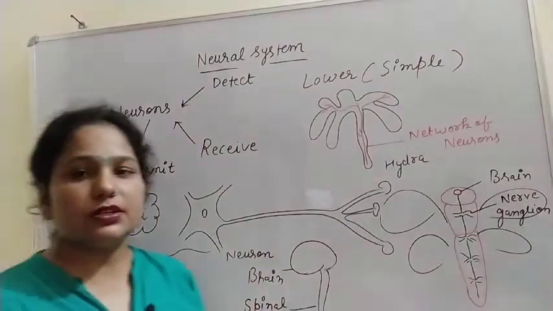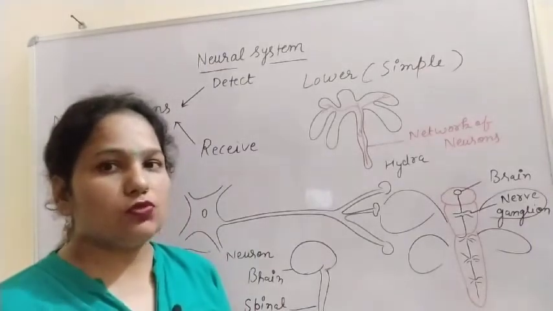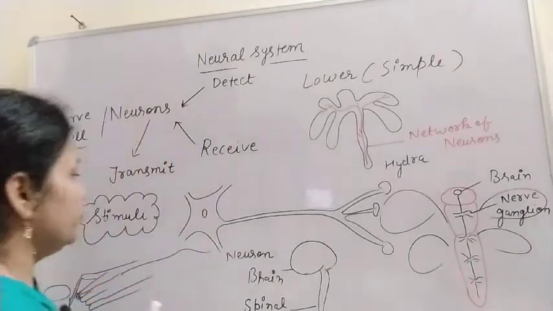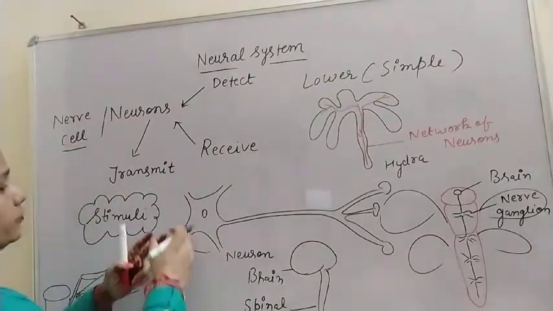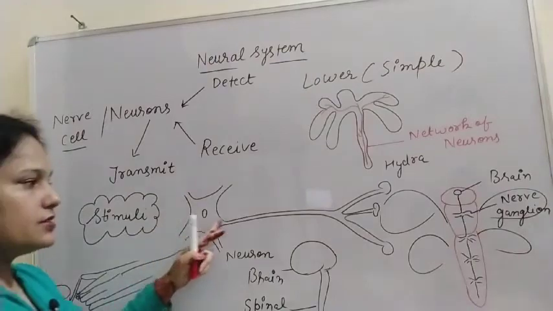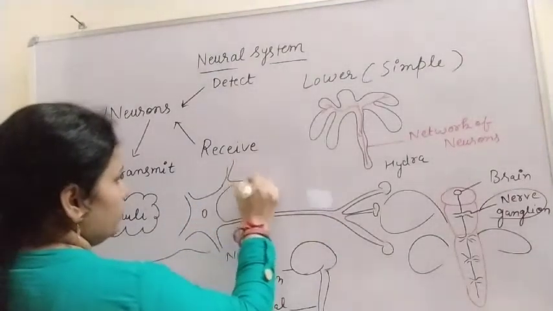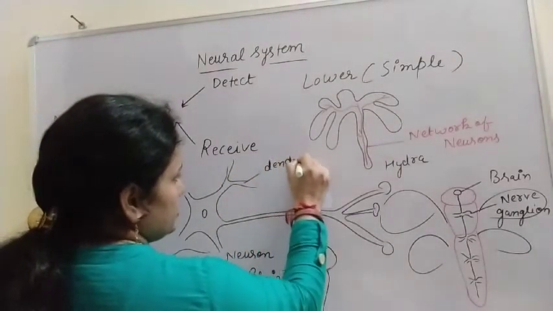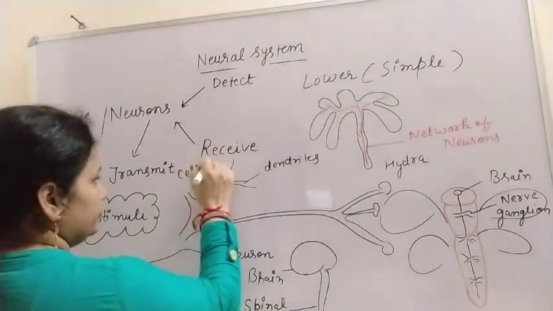So we are discussing human physiology. In this chapter we have to discuss the neural system in human beings. In this neural system, the basic unit is the neuron. That is the simple diagram of the neuron. These fibers are the dendrites, and that is the cell body.